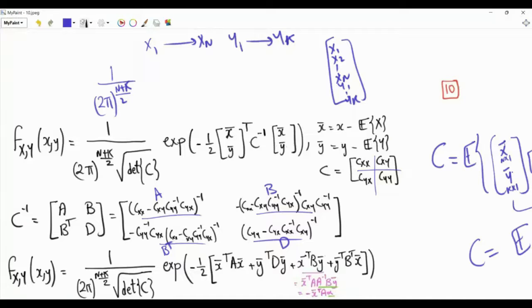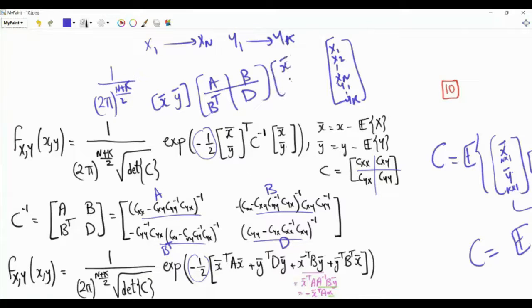Then what do we have in the exponent? We have the minus half. And then what we can do is take x bar, y bar transpose, so we convert it into a row vector. And then we have C inverse now. It's A, B, B transpose, and D, those blocks.